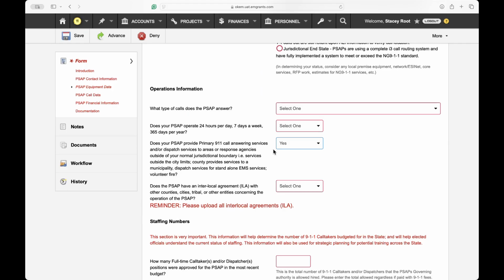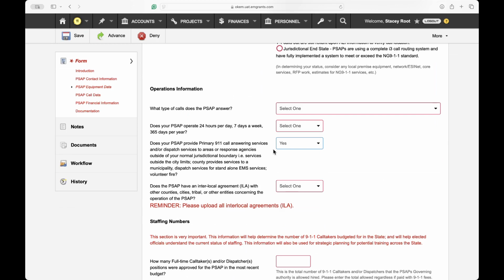What if they have those, but they don't have an agreement written down, or it's a handshake agreement? That's fine. If you don't have an agreement, just click no, and I would probably go back and ask questions. Okay, when you say you don't have an agreement, we've had a mutual aid agreement with Yukon for 16 years, since they're the other PSAP closest to us, but we have nothing in writing to date.